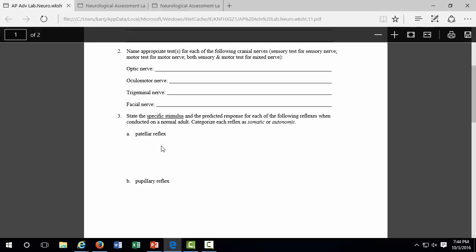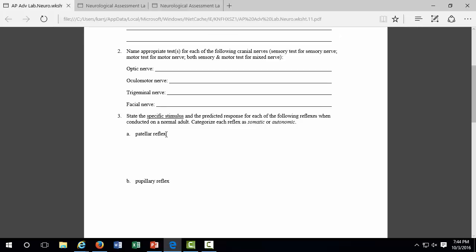And then the stimulus for each of these, we can talk about this. What is the stimulus for the patellar reflex? It's the knee-jerk response. I saw the motion. Tapping the tendon? Yeah, tapping the tendon with the reflex hammer. That's the stimulus.